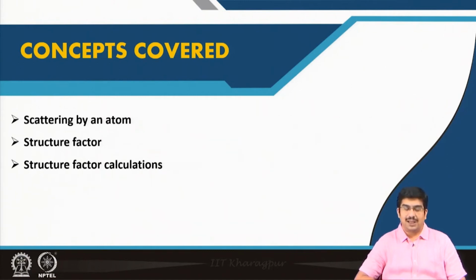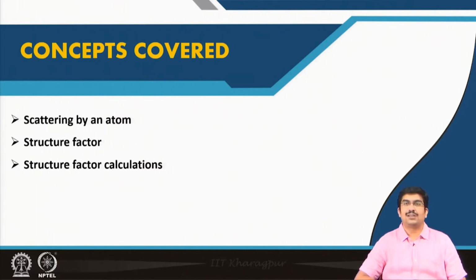So, we started from there and then we tried to derive an expression which will express this relationship between the arrangement of atoms in a crystalline material and the intensity of the diffracted beam that is coming out of the crystalline material.